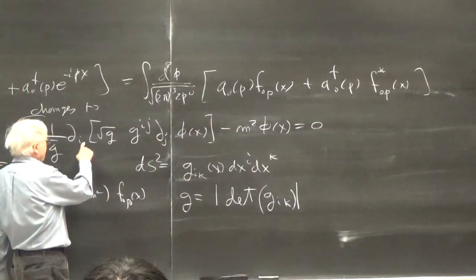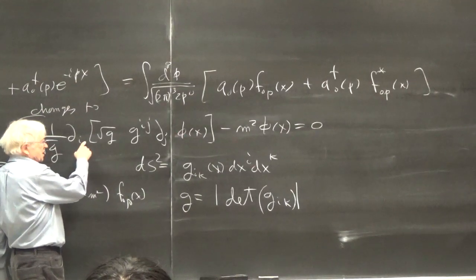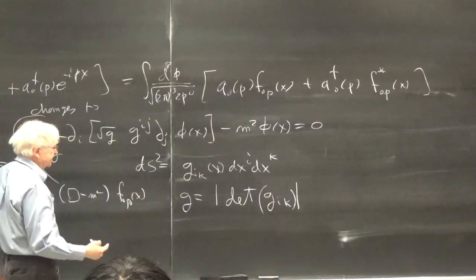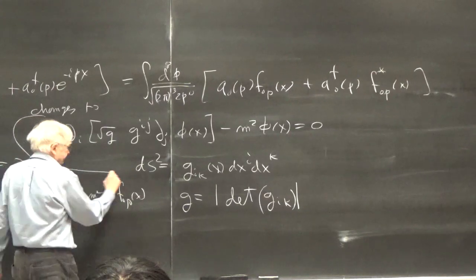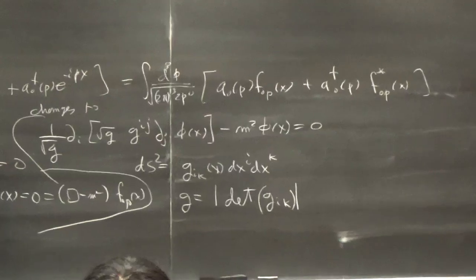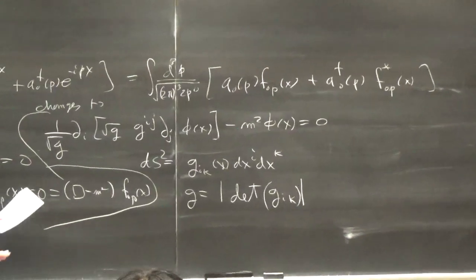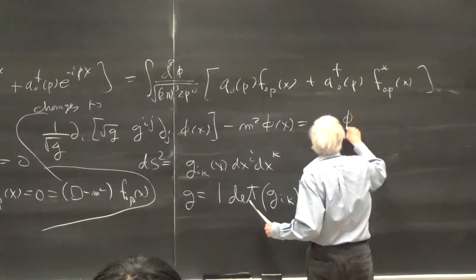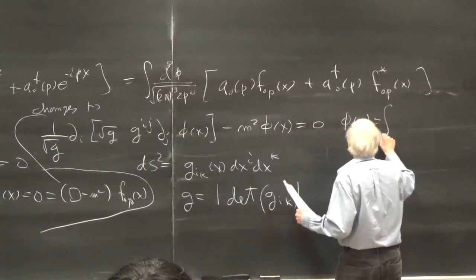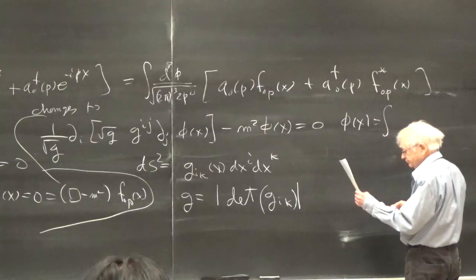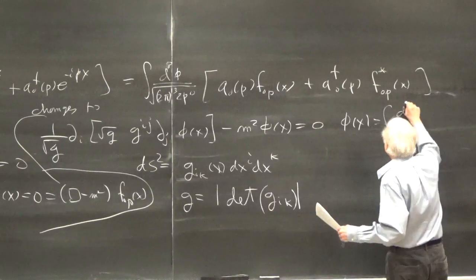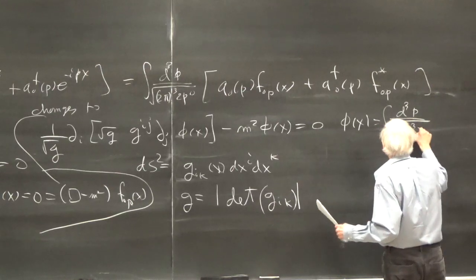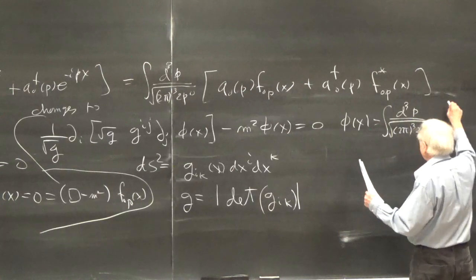Here, we've got a GR version of the Klein-Gordon equation, so we want to expand the field in terms of functions. So let me do that. phi of x as an integral d^3p over square root of (2 pi)^3 2p0.